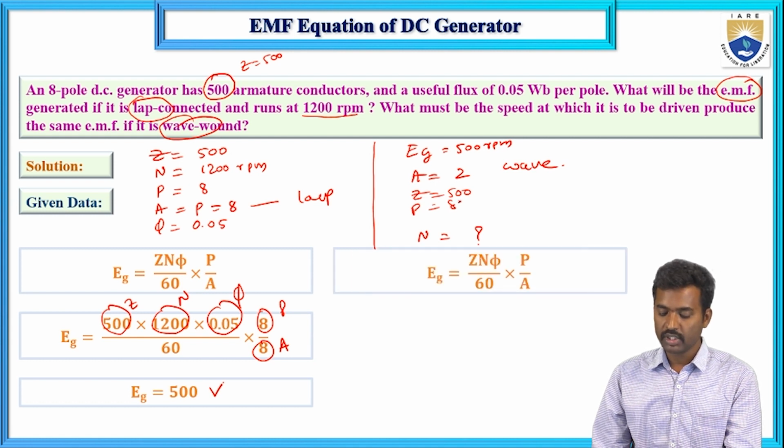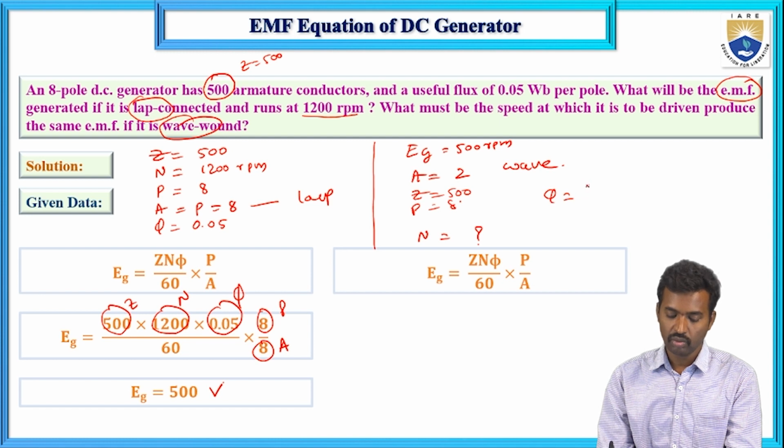And here, same thing: Z equals the same value 500 and P equals 8. So what is the formula? Same formula, Eg equals ZNφ by 60 into P by A. Here P equals 8 and A equals 2 and Z equals 500, and φ equals 0.05. Substitute in this. Sorry, this is Eg equals 500 volts, not RPM.